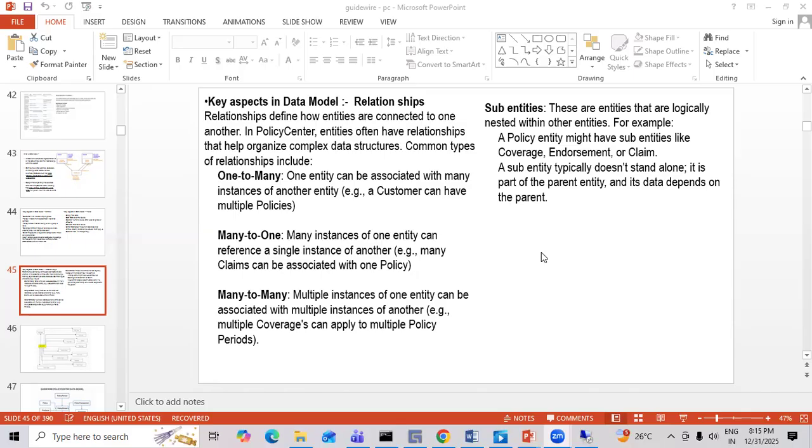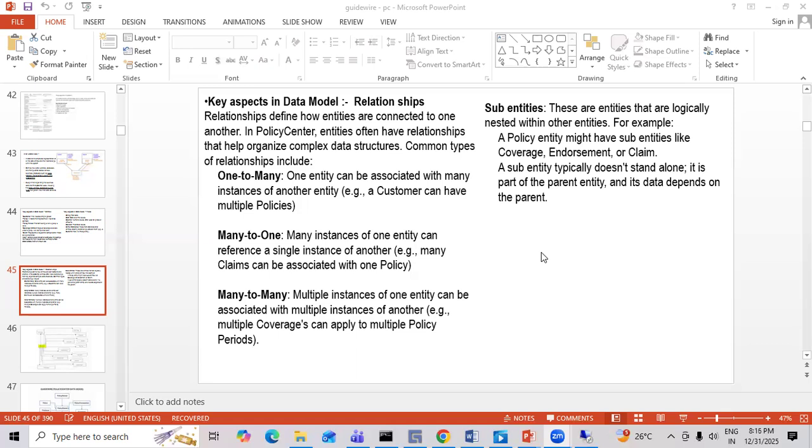Understood now, right? Now, sub-entities, please write down. Sub-entities are entities which are logically nested within other entities.